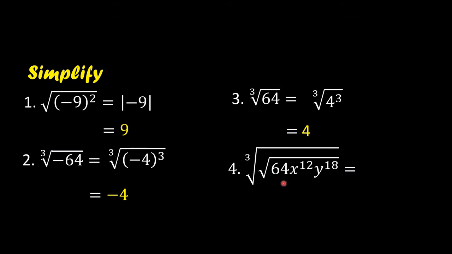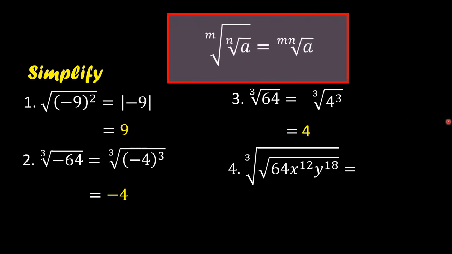Number 4, the cube root of the square root of 64 x raised to the exponent of 12 y raised to the exponent of 18. We are going to apply this law of radicals. Notice that we have here m, n. We just multiply m by n to get mn and root of a.